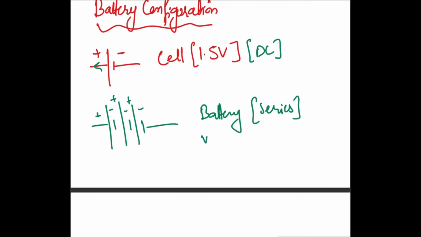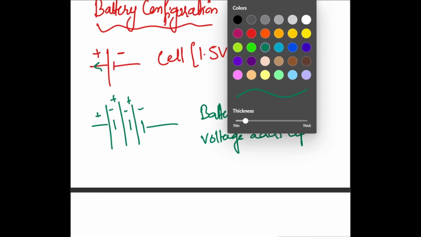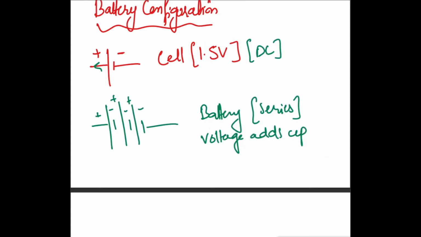So in this case, the voltage adds up. Let's say if one cell was 1.5 volts, then I have 3 cells. So the total voltage of this setup will be 1.5 multiplied by 3, simply 4.5 volts, right?